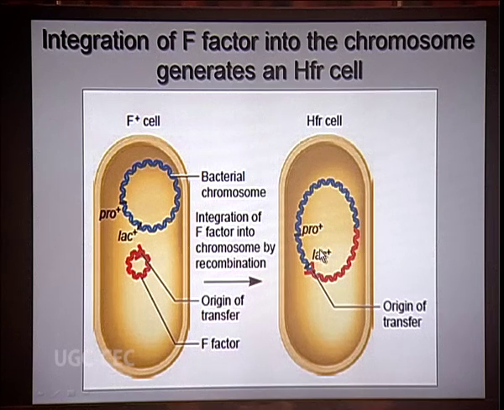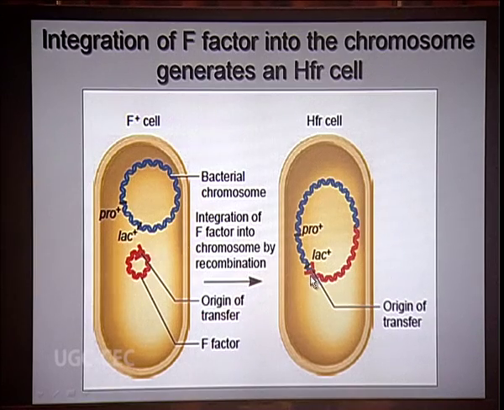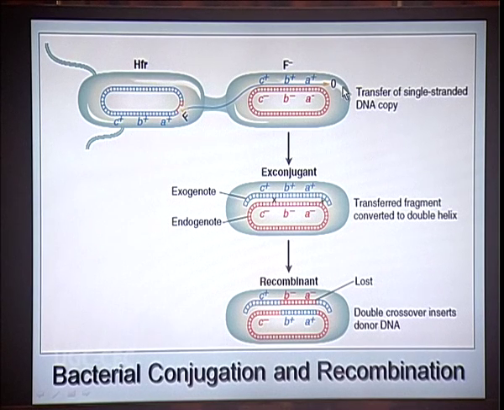Whenever this HFR strain participates in conjugation, it transfers not only the genes corresponding to the F plasmid, but genes corresponding to the chromosomal DNA also start to get transferred from the HFR strain to the F minus strain.